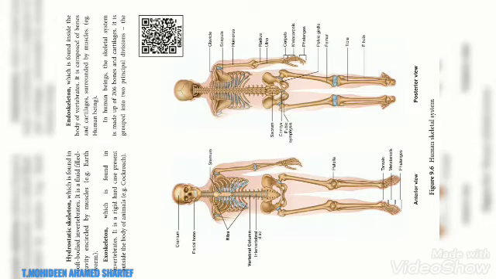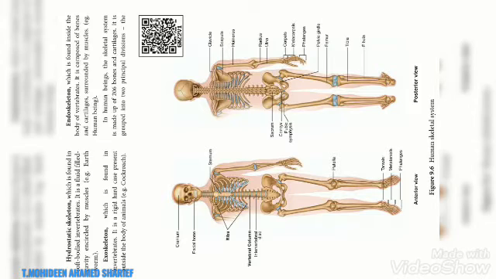So in human beings, there are totally 206 bones. The majority of the bones, that is 126 bones, are found in the appendicular skeleton, that means below our neck area. And 80 bones are found in the axial skeleton, which is the head and the neck area. So that's how the bones are classified.